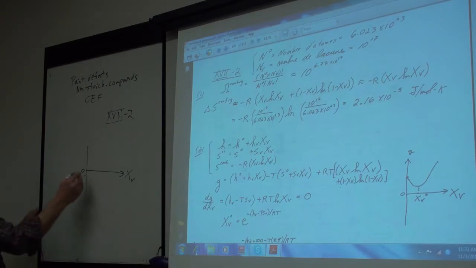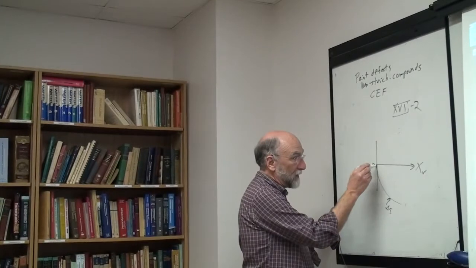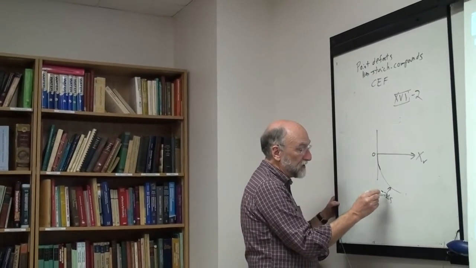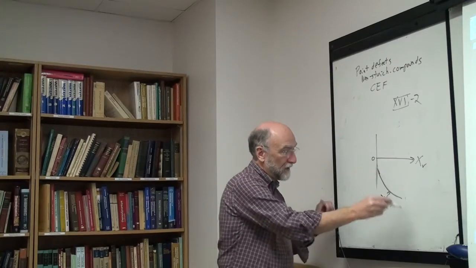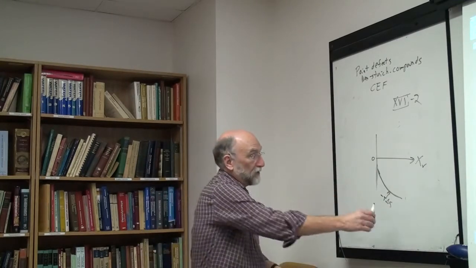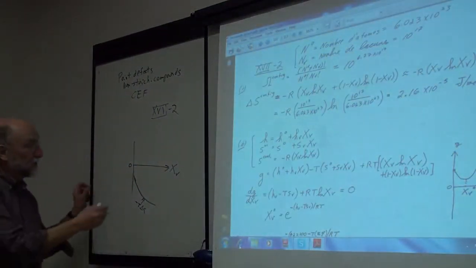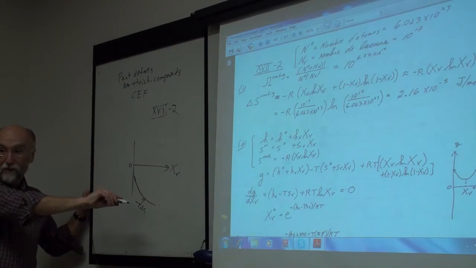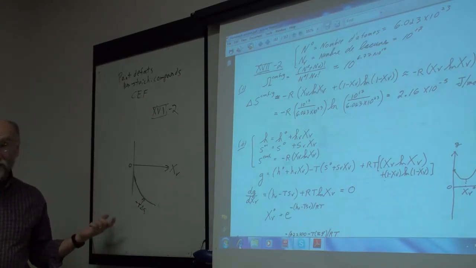As you add the vacancies, the minus T delta S term comes in with an infinite slope, because log of 0 is minus infinity. You come in with a slope like that. So adding vacancies, of course, decreases the Gibbs energy of the system.